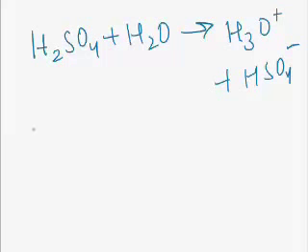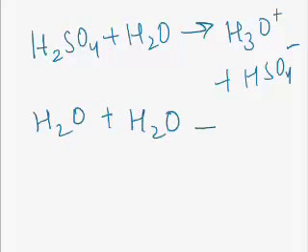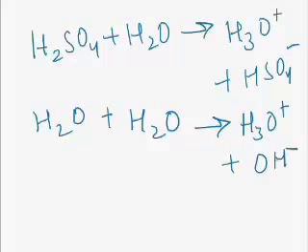Take another example. Water is reacting with H2O. It will give H3O positive and OH negative. This reaction indicates that water can act as both Bronsted Lowry acid and Bronsted Lowry base.